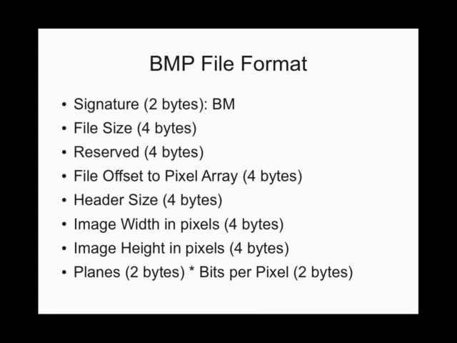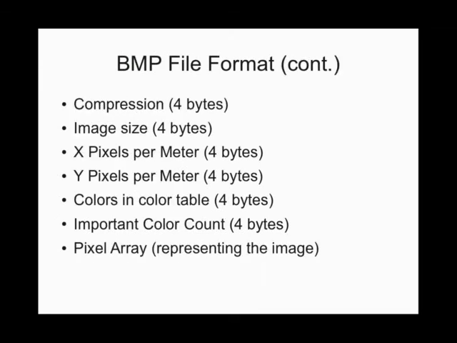Then we have the file size, 4 bytes; 4 reserved bytes; the offset to the pixel array where the image is coded; the header size; the width and height in pixels of the image; the number of planes and the bits per pixel; 4 bytes for the compression if it is compressed; the image size; the intensity of the image; x pixels per meter and y pixels per meter; the number of colors in the color table if there are any; and the important color count.